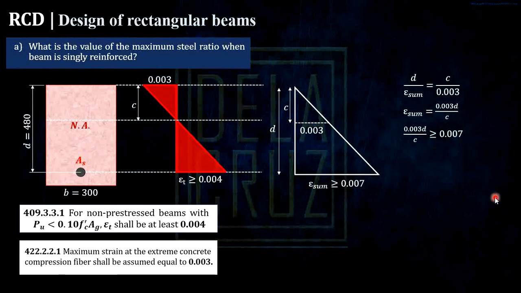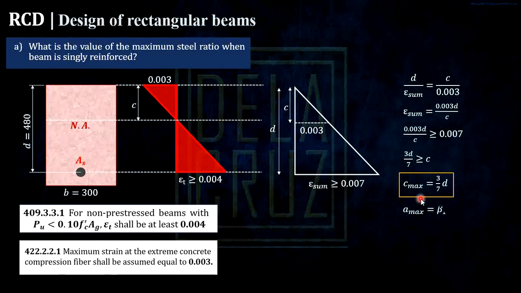Cross multiplying, c can be expressed as 3d over 7, and c should not exceed this value. Therefore, that will be the c max to be used, which is 3 over 7 of d, and ito yung formula in maximum condition according to this code.